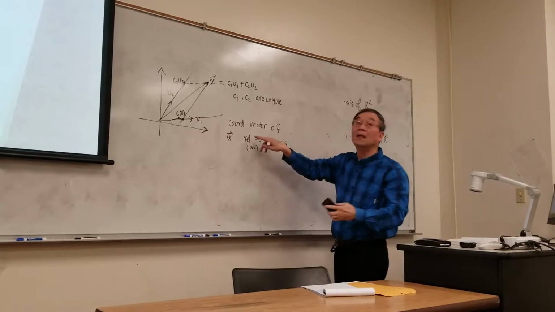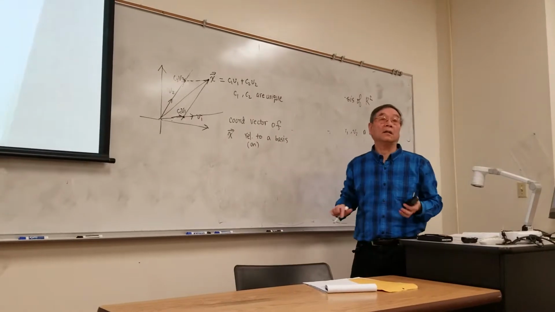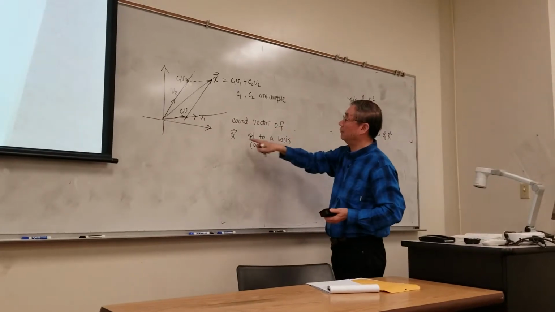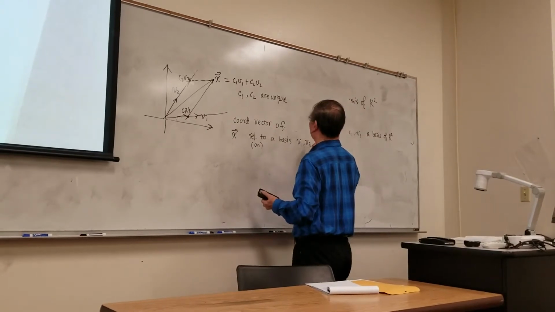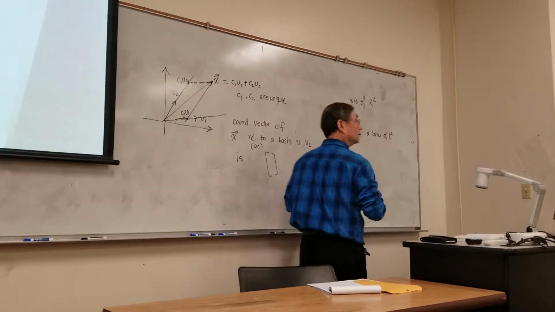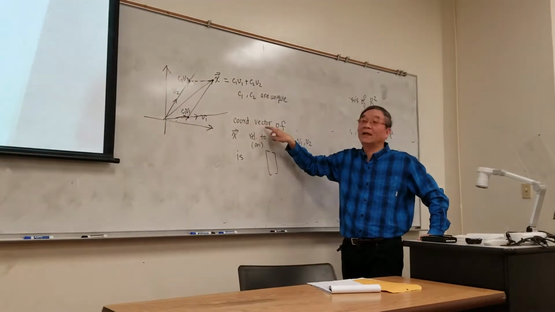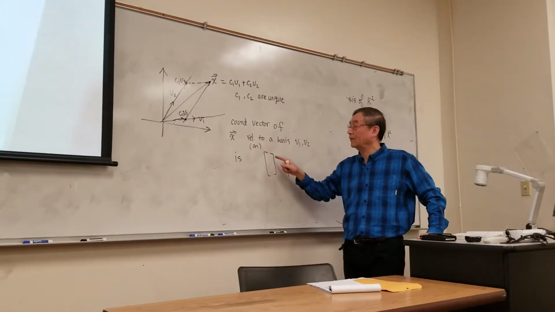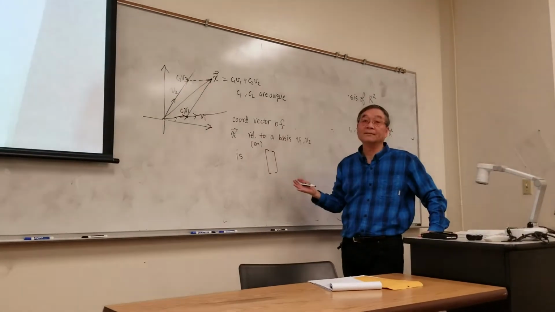Let's just write things out first without introducing too many notations. So the coordinate vector of x relative to a basis, say v1, v2, is, so it's a vector, right? Because I said it is the coordinate vector. So guess what I'm going to put in here? c1, c2.